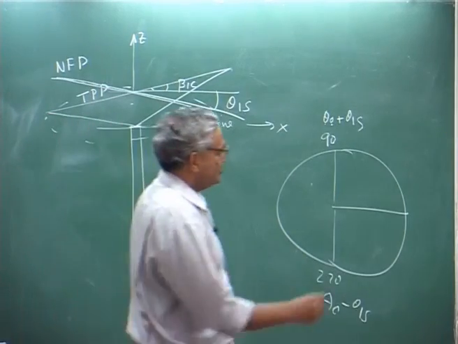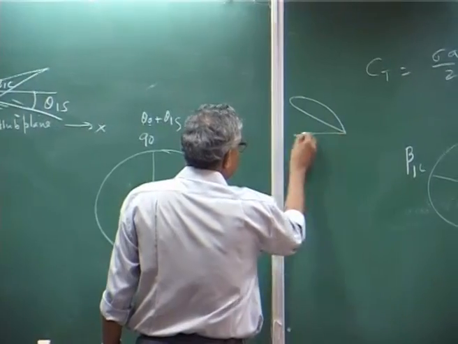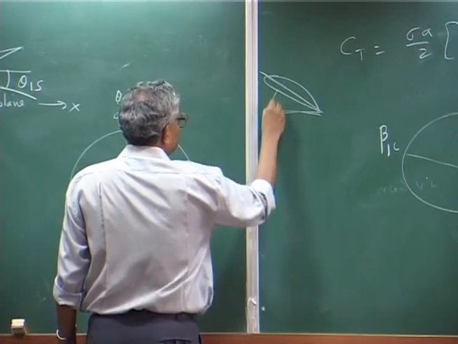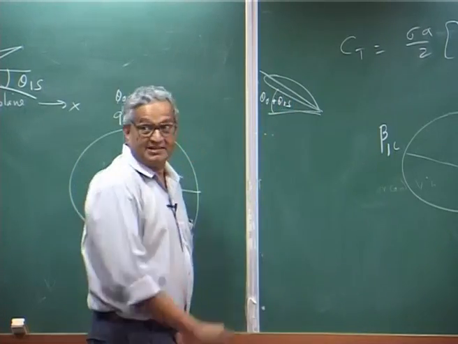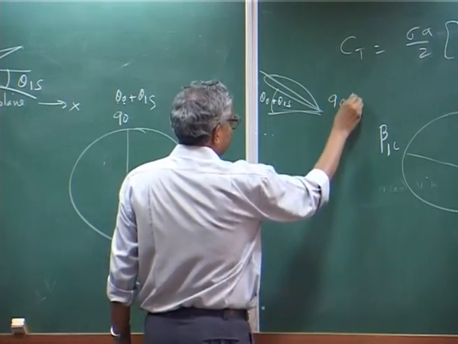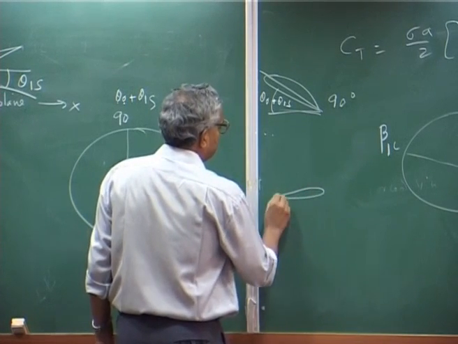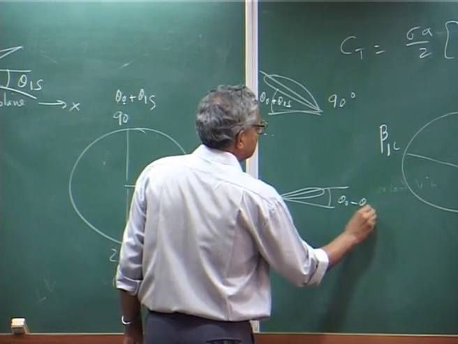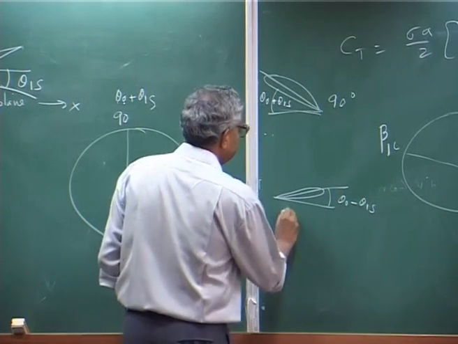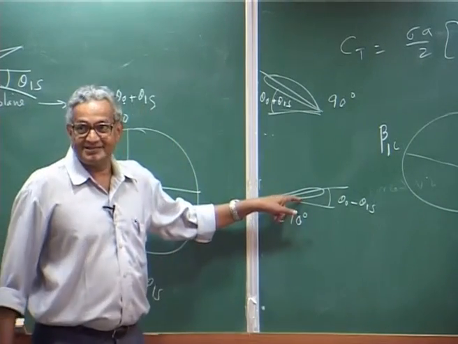See, what happens is, you see this side, this angle is theta naught plus theta 1s, that is at 90. At 270, this is theta naught minus theta 1s. Okay. This is less.